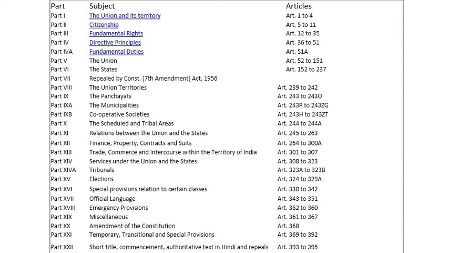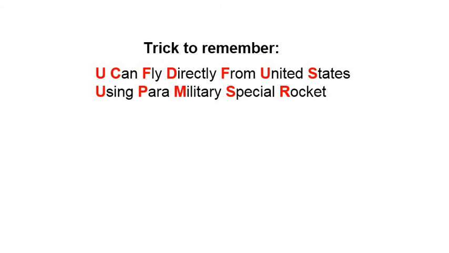You have to remember all the parts as well as the articles. So I have made one small trick to remember a few parts and the subjects. The trick to remember is: you can fly directly from United States using paramilitary special rockets. So what does it mean? U you can remember as union and its territory, part 1. C, you can remember as citizenship, part 2.